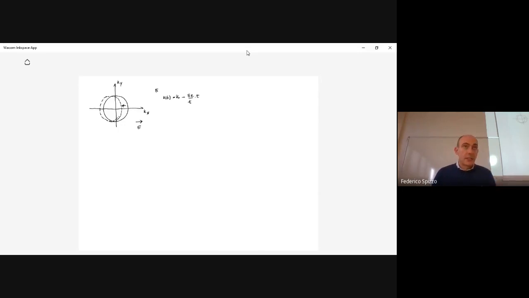Thanks to this translation, the level of occupancy is no more even. So what I find is that the electrons on the left side of the Fermi sphere have a velocity that is directed to the left, as the velocity is the gradient of the energy. The gradient is a vector that points outward with respect to the sphere.